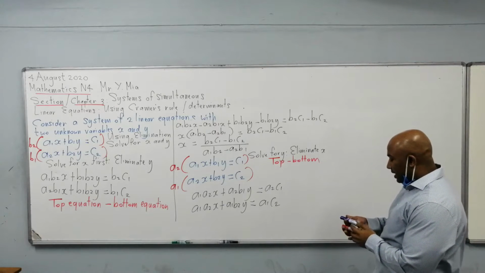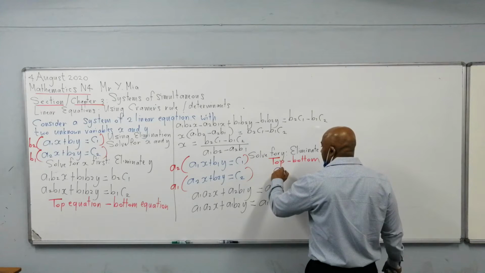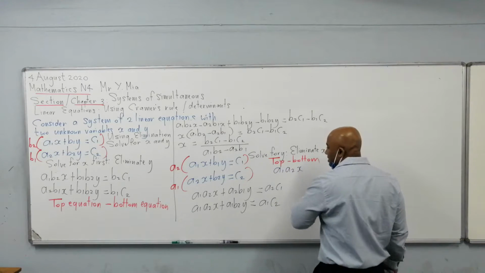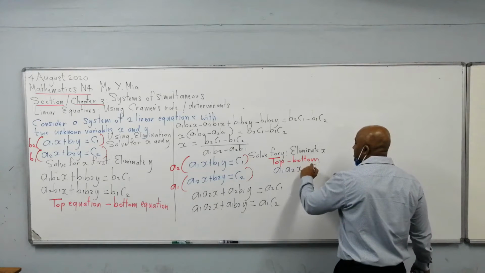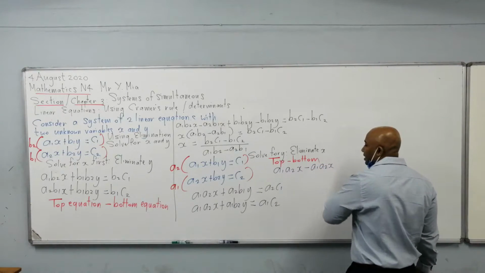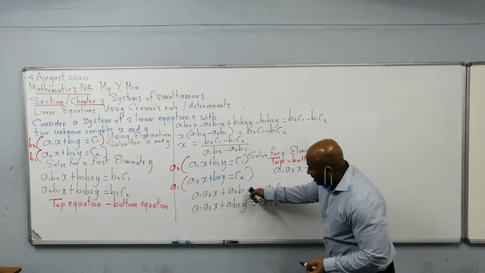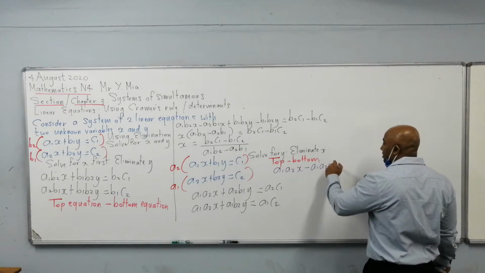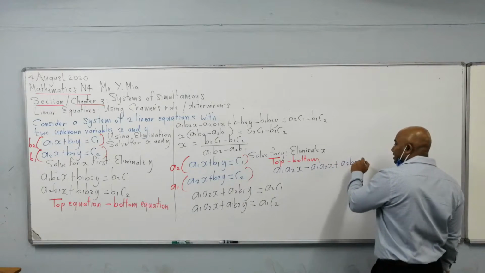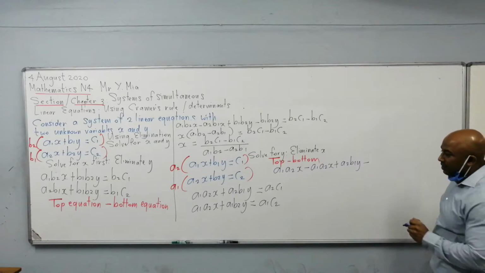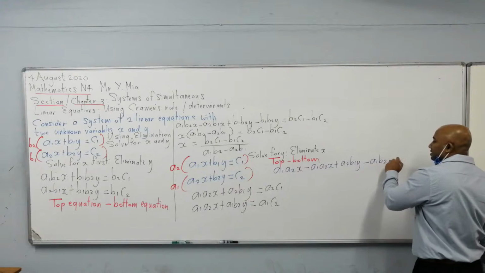So if I go top minus bottom, here's A1, A2x, here's my top, subtract the bottom, minus A1, A2x, those are my x terms. Now the y's, so that's going to be plus A2, B1y, minus the bottom one there, which is A1, B2y.